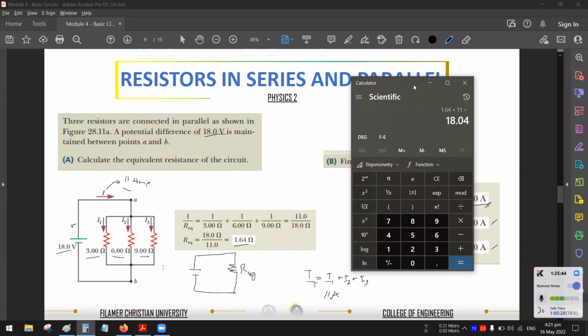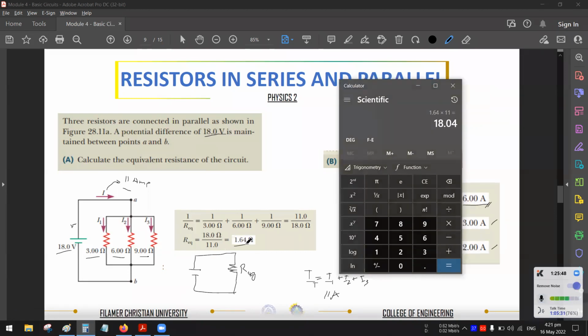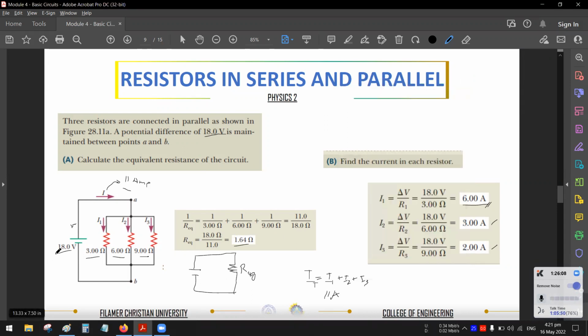So, meaning tama yung calculations natin. Ito kasi 18 divided by 11, so 1.636363. So, ito yung equivalent resistance. Then, pag minultiply mo sa total current, which is 11, you can get the whole number na 18 volts. So, meaning sakto yung calculations natin.